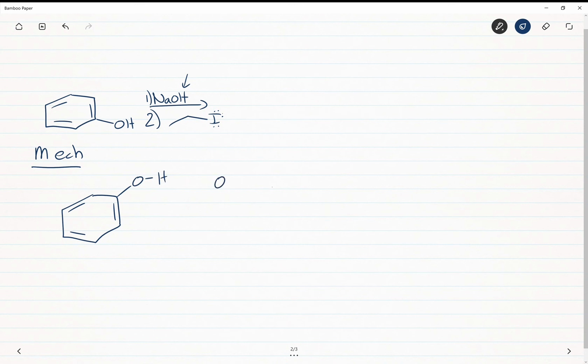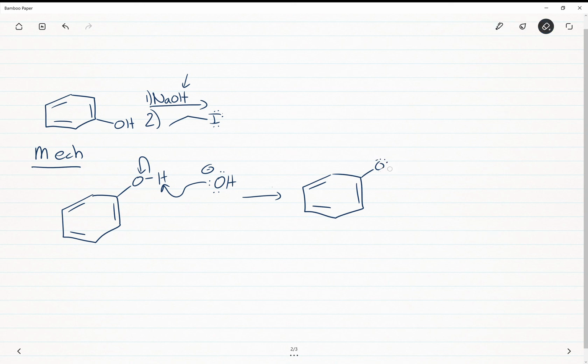To begin with, OH- will deprotonate the phenol. This will give us an O- on our phenol conjugate base.